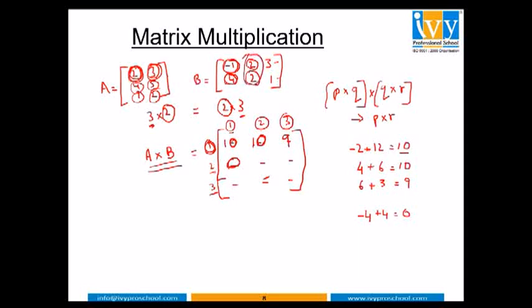So this will be multiplied by this. 1 times 2 will be 2, and 2 times 2 will be 4, get 6, so we plug in this number over here.